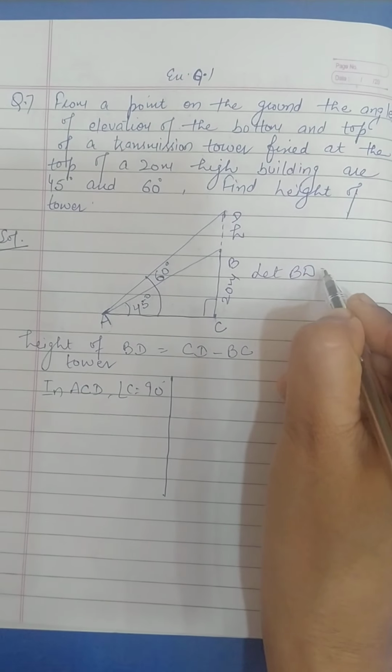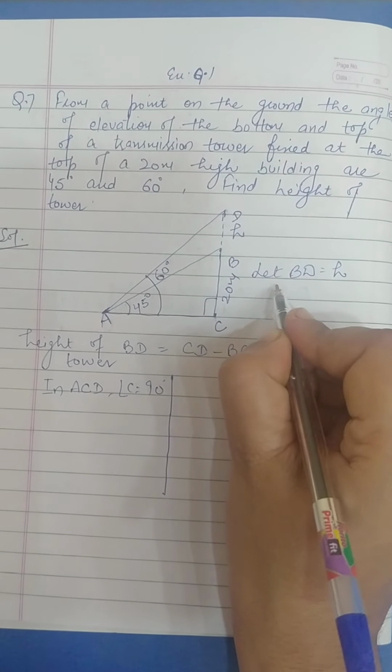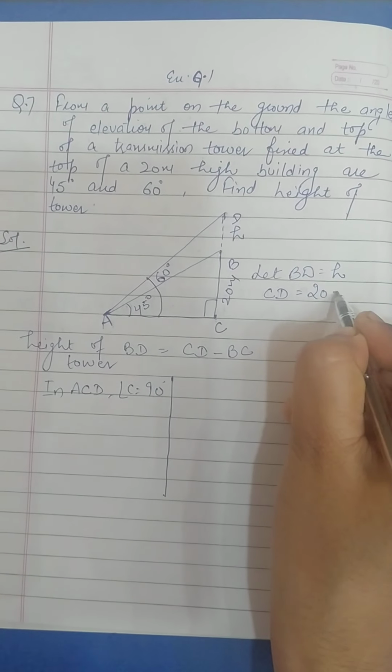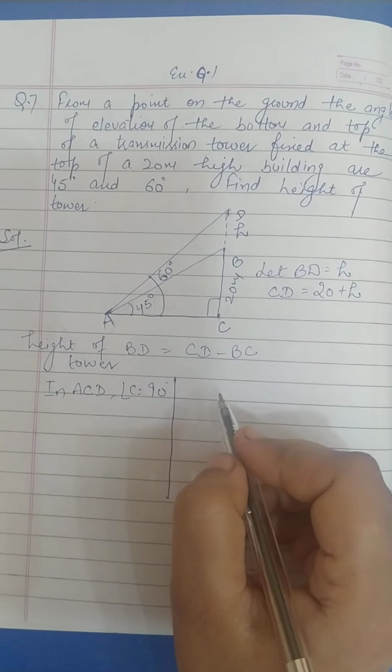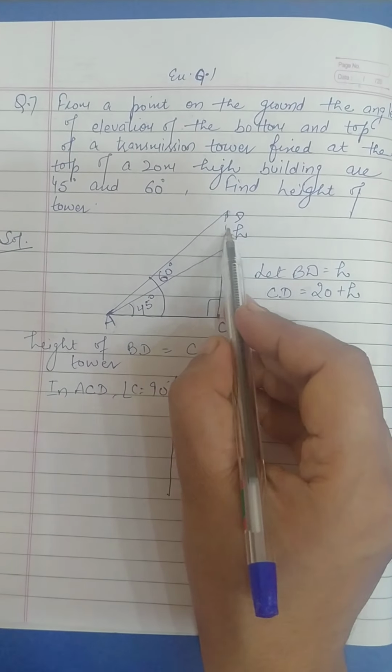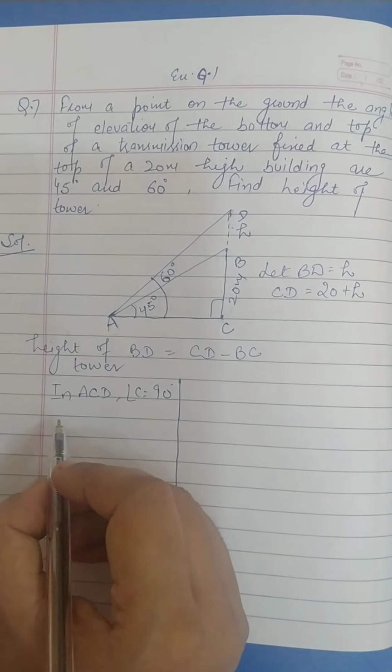Then what is CD? The value of CD is 20 plus h, because 20 is the height of the building and h is the transmission tower, the total is 20 plus h.